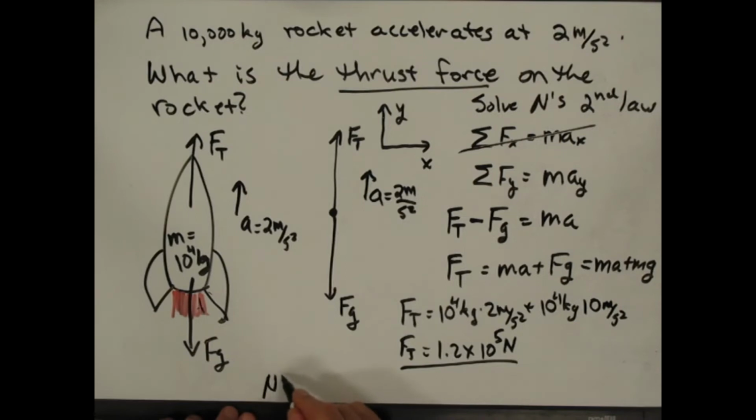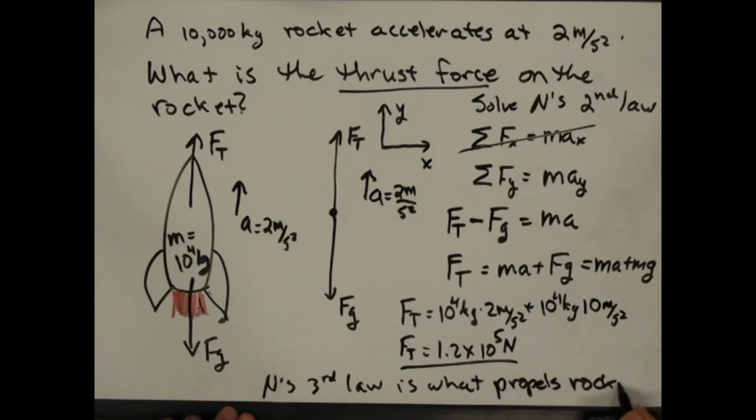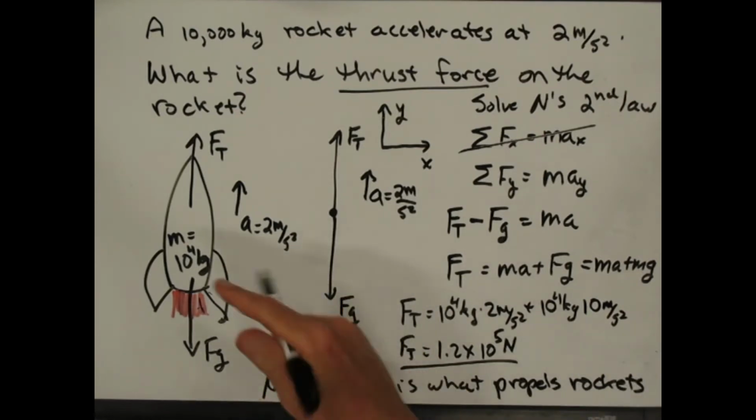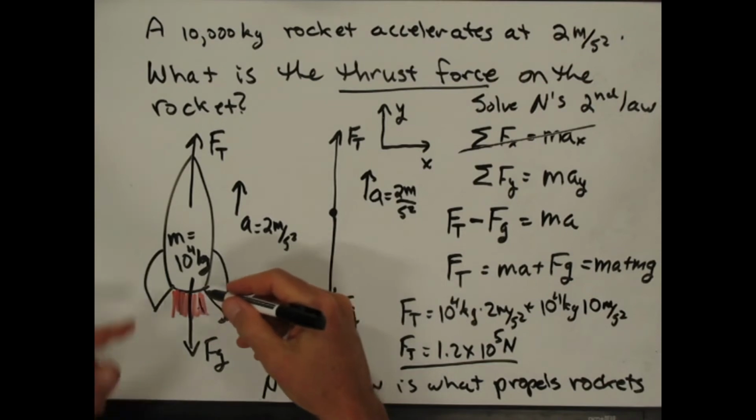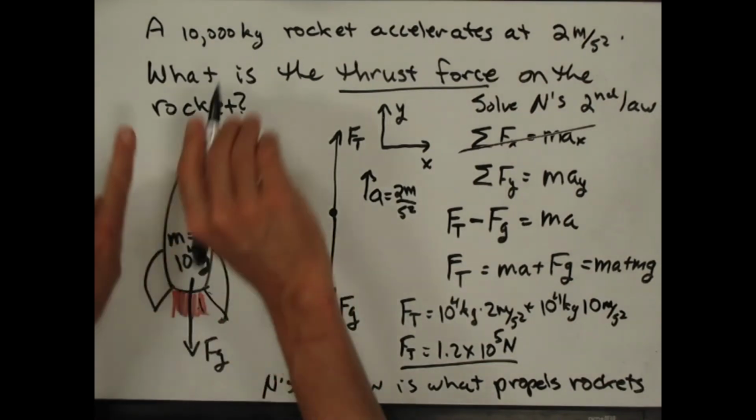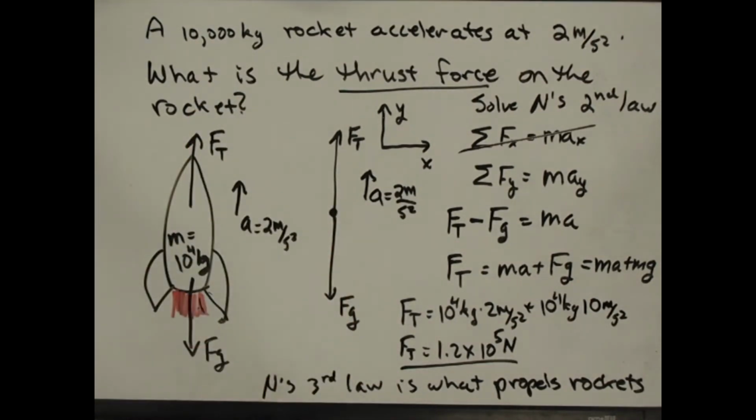So Newton's third law is what propels rockets. Anytime you see stuff getting fired out the back of a rocket, in order to get pushed out, it has to push back on the rocket, and that's how the rockets move forward.